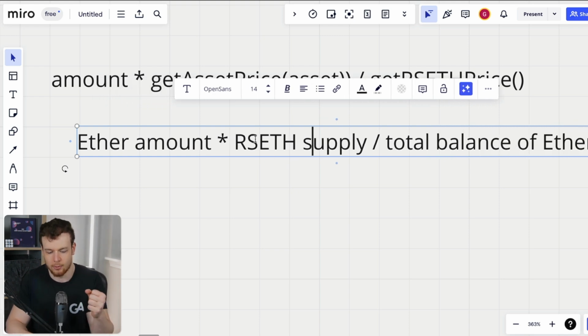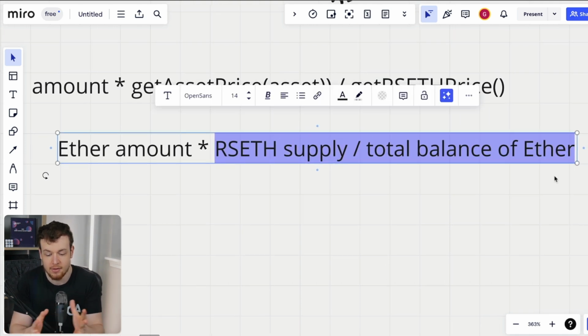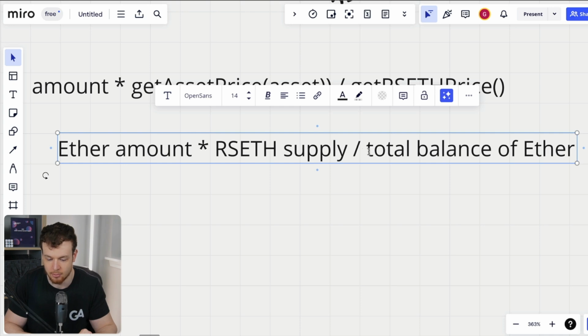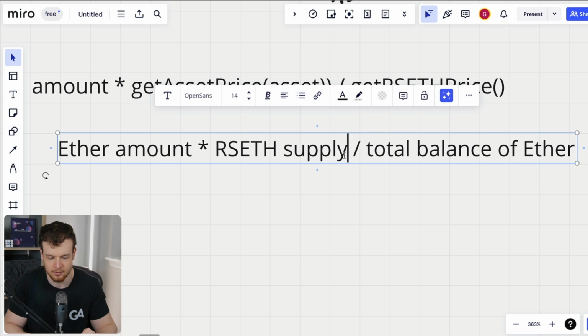Do you see how right here we've got this conversion rate? This is the inverse of the price, right? The price is Ether per supply. Now we've inverted that because the price was in the denominator. So we flip that and we get supply per Ether.